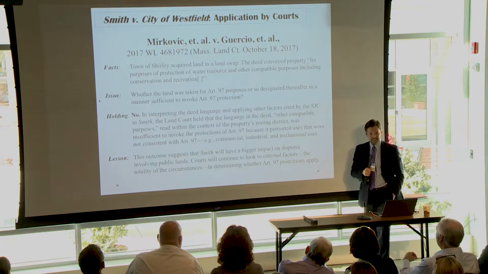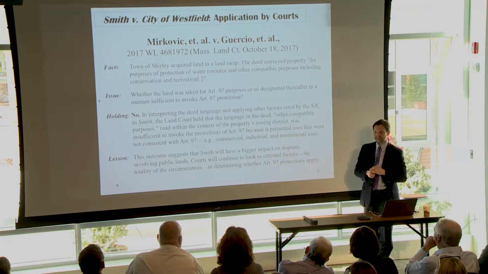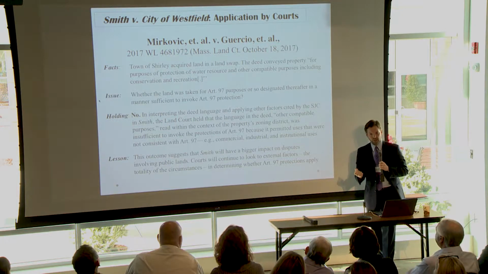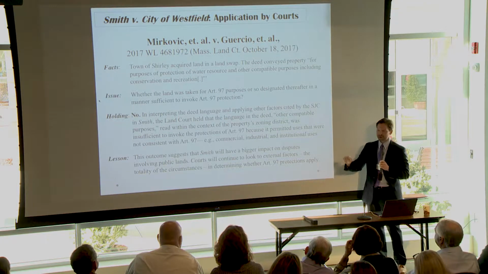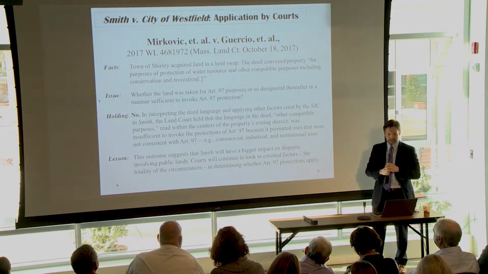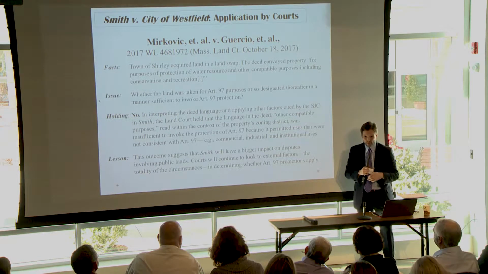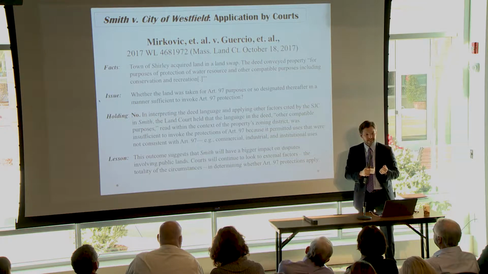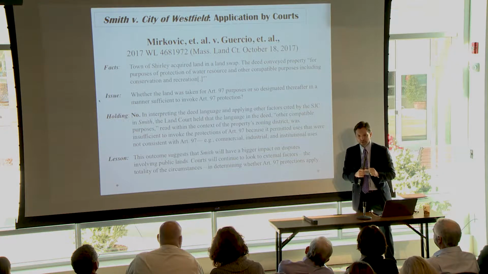So that language isn't sufficient. And this is, again, you'll be hearing from Kathleen, ways in which you can really tighten up the language of those deeds to make sure your municipality is not finding itself in a situation like we have here, where you think you had Article 97 protection, but you just didn't really tailor that language quite tightly enough.